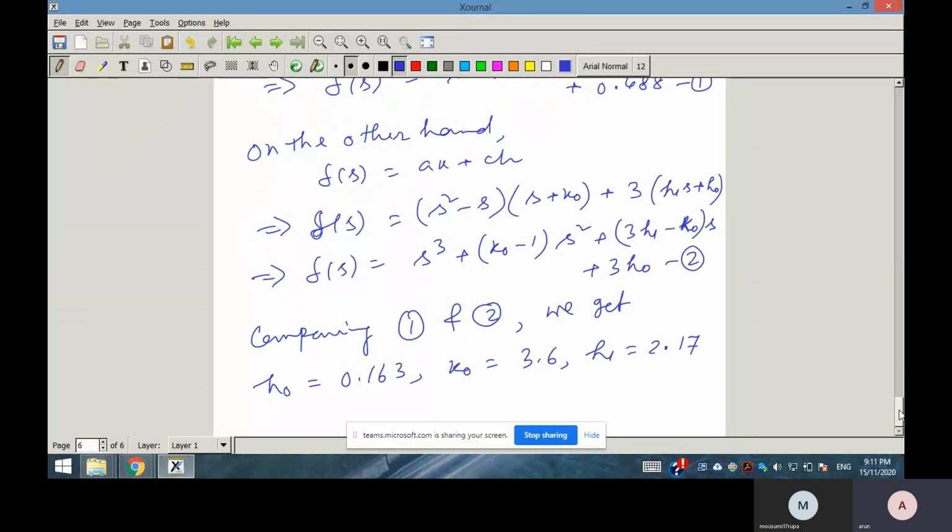So this means what is your hs? Hs is equal to 2.17 s plus 0.163, and ks equal to s plus 3.6.